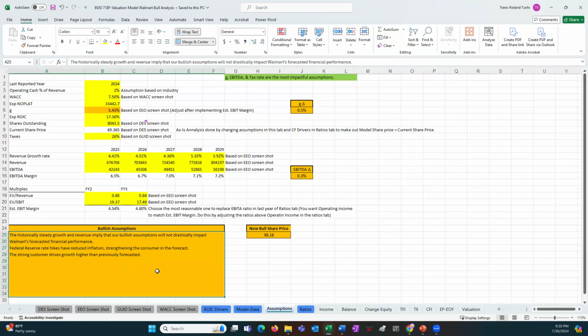We referenced the Federal Reserve rate hikes having an impact on inflation in the near term and on into the forecasted years, which strengthens consumer spending power, which allows us to pull in more growth, and it has a positive impact on EBITDA. Yeah, and that flows into the growth and EBITDA values that we decided here.